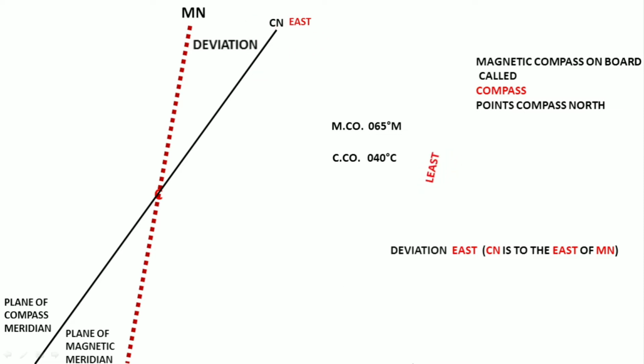And if I had these two values, I will not be drawing all this. I will be just calling it compass least, error east. Deviation is east. So compass least, error east, I found out. So 25 degrees is the deviation, which is easterly.